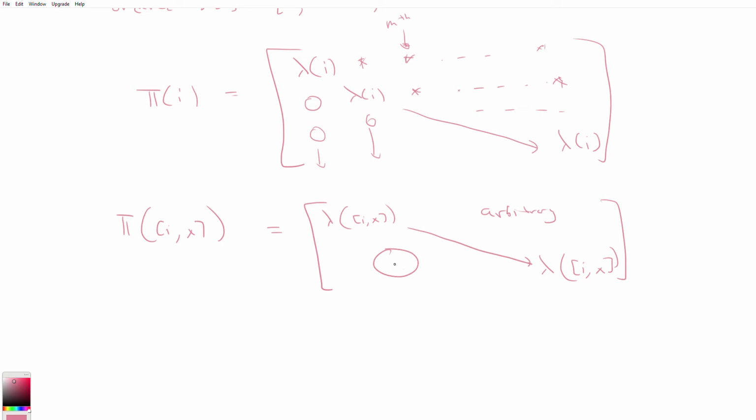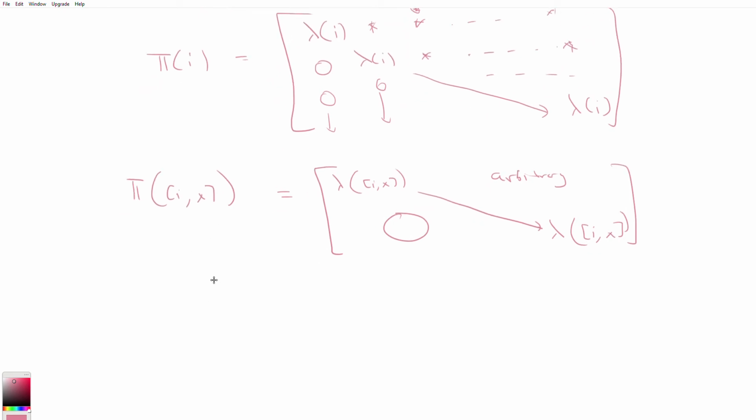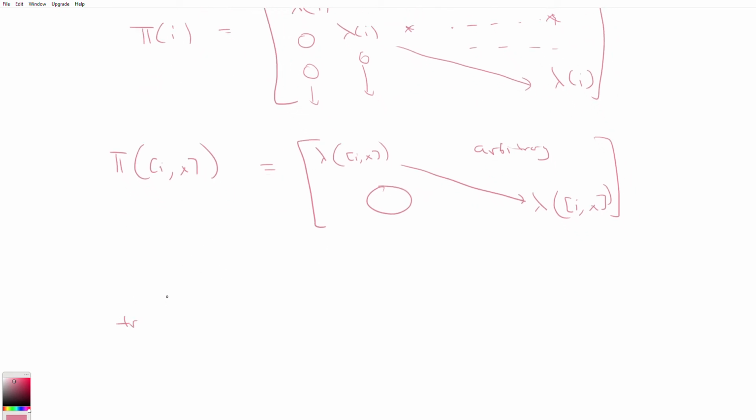Because we have lambda of I bracket x along the diagonal, if you take the trace of pi of I bracket x, this should equal n times lambda of I bracket x. We're just adding up all these guys along the main diagonal.